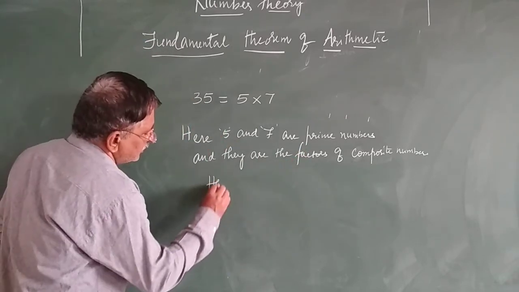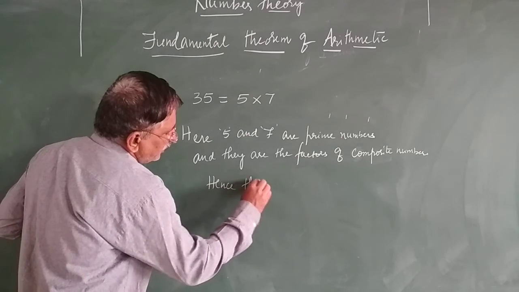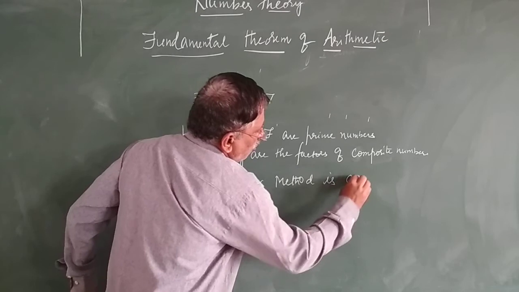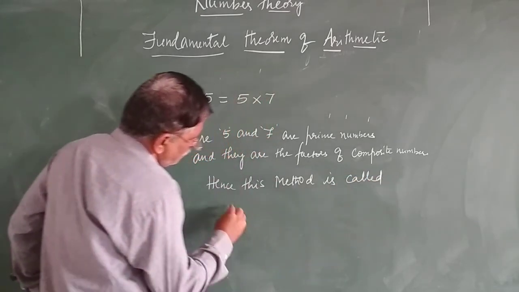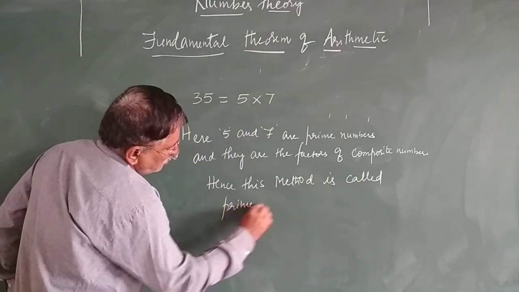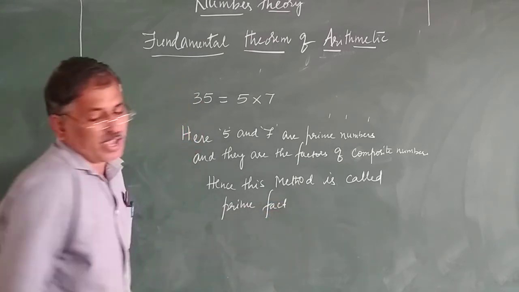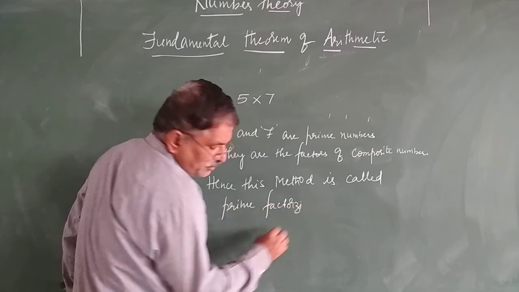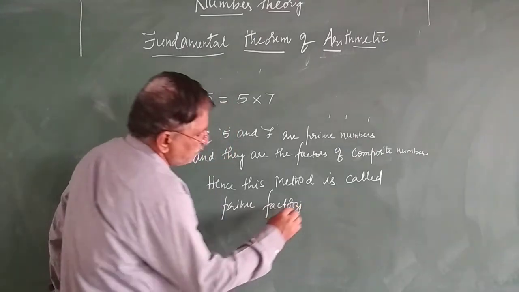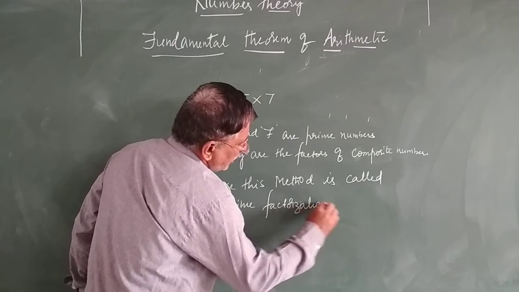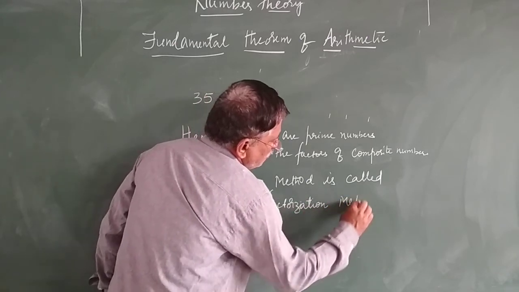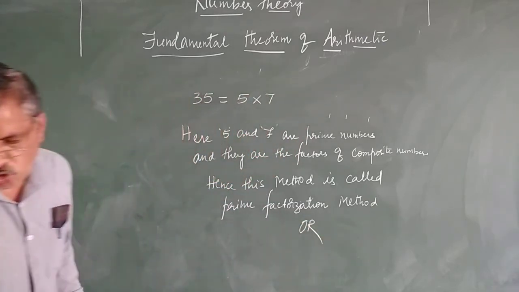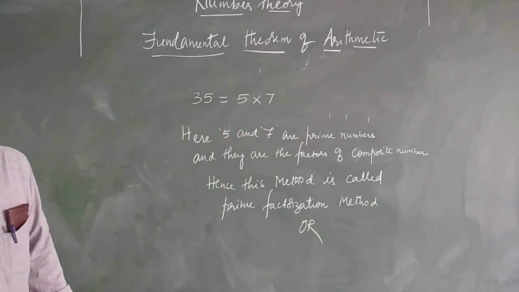Hence this method is called the prime factorization method, or it is also called canonical representation.